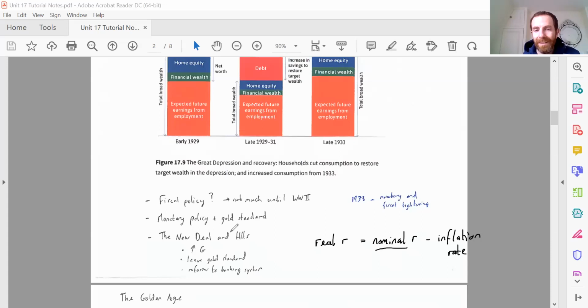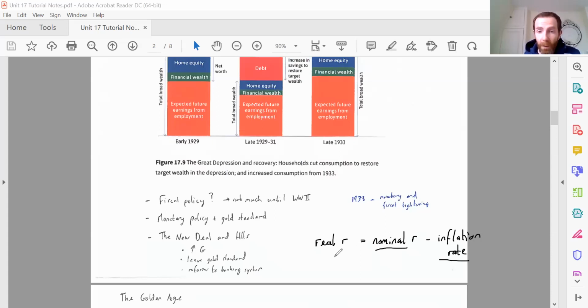But if there's deflation, then this bit of the equation is actually negative. So minus and minus becomes a plus, and the real interest rate is actually higher than the nominal interest rate. Even though there was some cutting of the nominal interest rate, because it was being cut less than deflation was, when prices were falling, the real interest rate was actually increasing.